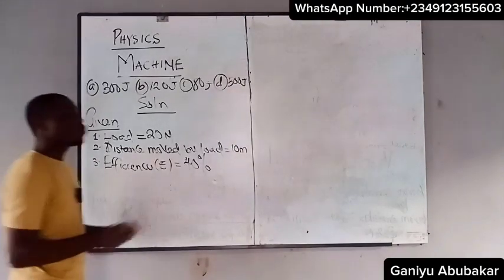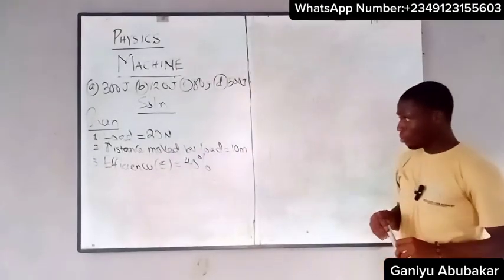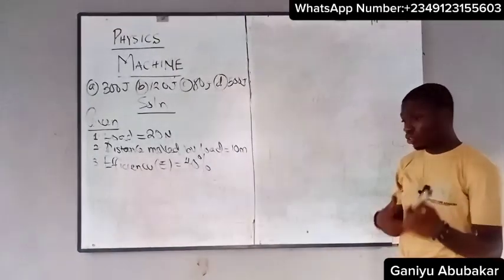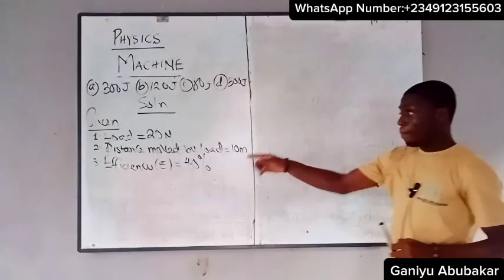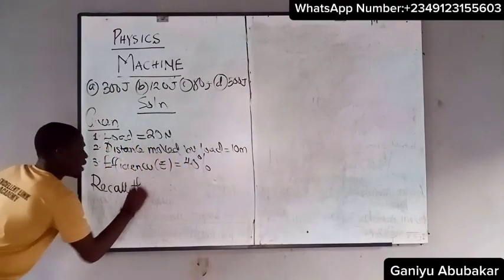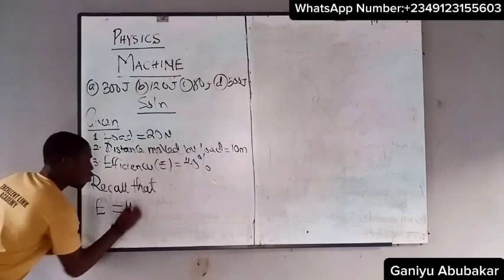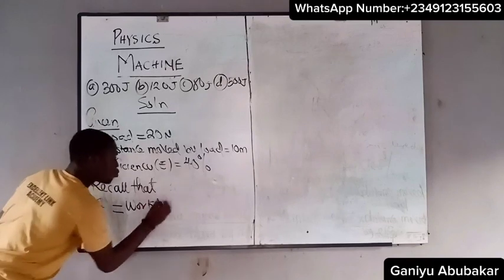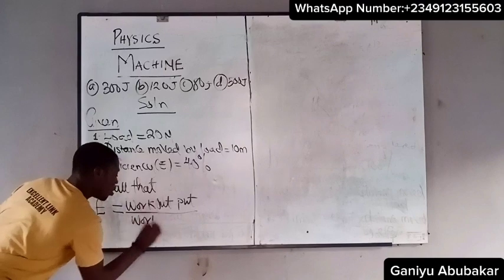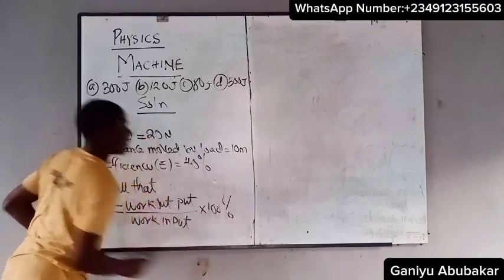So solution, how do I solve this one here? My task here is quite simple. Recall that we said efficiency E is equal to work output all over work input times 100%.